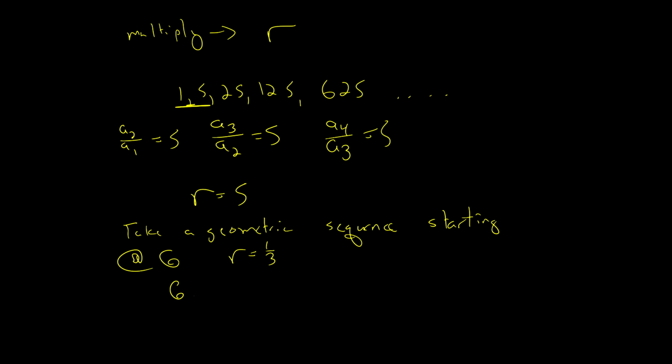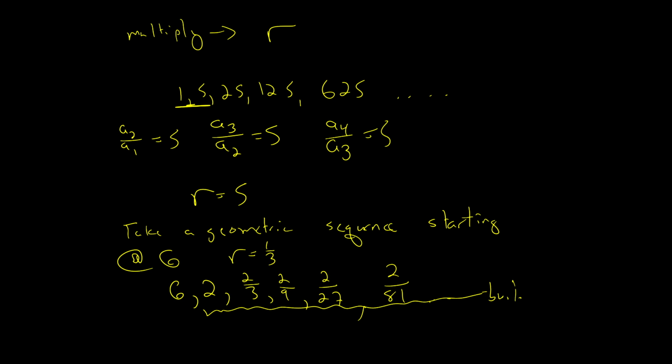So we start at 6, and so the next we're multiplying by 1/3, so we get 2. Then 2/3, 2/9, right? Because multiplying by a third, and 2/27, multiply by a third, 2/81, and so on and so on and so on. I take this term, I multiply it by a third. I take this term, I multiply it by a third, and we get this creation rule that builds our pattern.